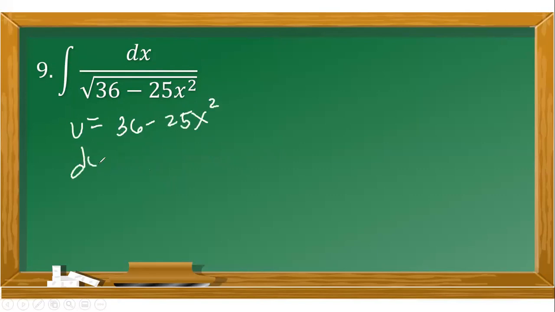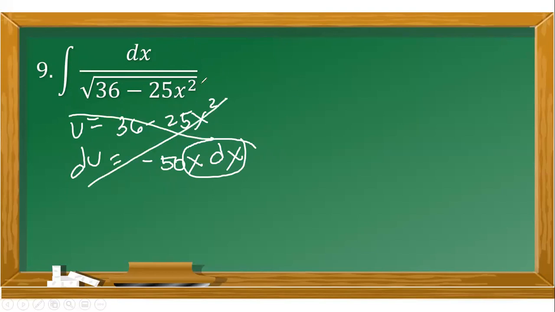Okay, so du is negative 50x dx. So do we see any variable accompanying dx? So none. Okay? So this is wrong. So we can't just substitute because there is no accompanying variable.